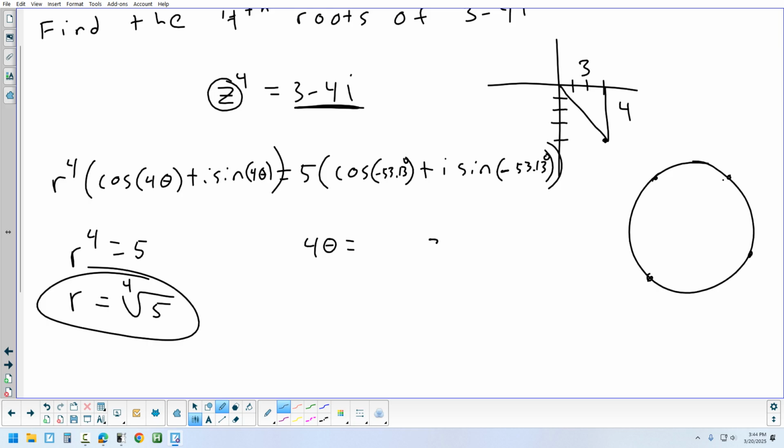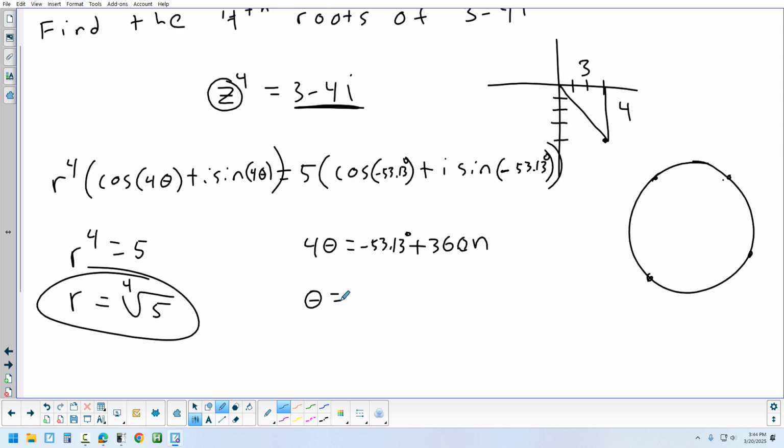Okay, I'm going to put that on the end. This is where we usually put that. And what did you say? Nothing. Okay. Yeah, so just negative 53.13. All right. So that's a formula for 4 theta. You want a formula for theta. So what do we have to do now to finish that up and get theta alone?